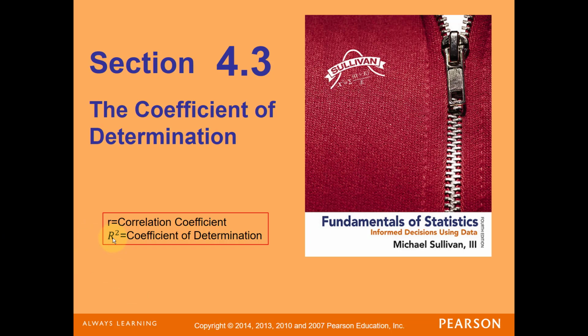What it gives us is the percent of change in the response variable that can be explained by changes in the predictor variable, or the explanatory variable. Again, the importance of capital R squared is that it gives us the percent change in the response variable, the y variable, that can be explained by our model and changes in the explanatory variable. We'll elaborate upon that in the section, but slow down here and try to think about what I'm saying.